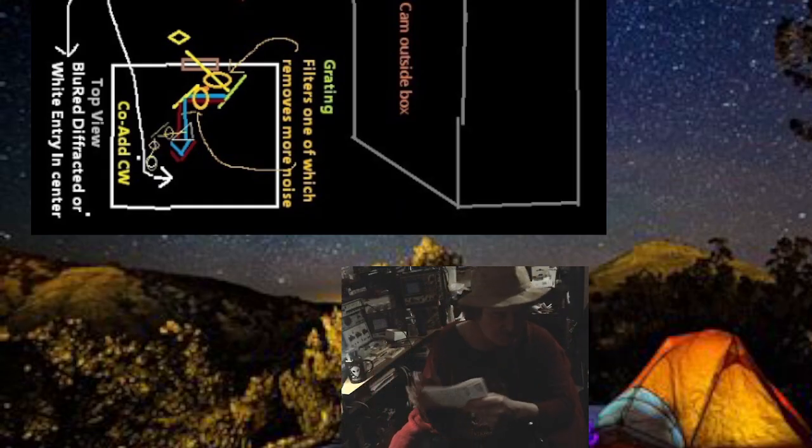Now the question is, the output is going to be on the left, the detector, and you've got this box, and you've got your light beams like this.